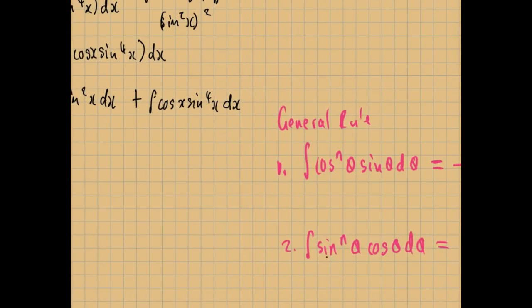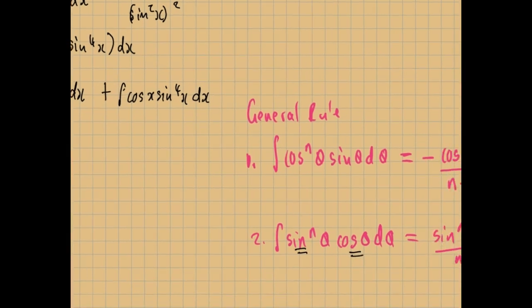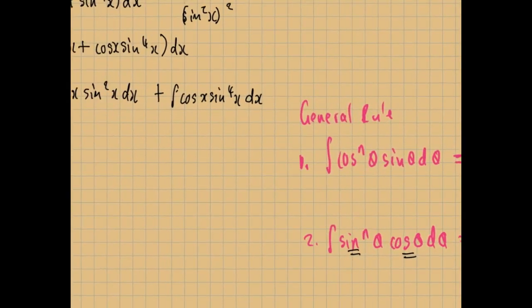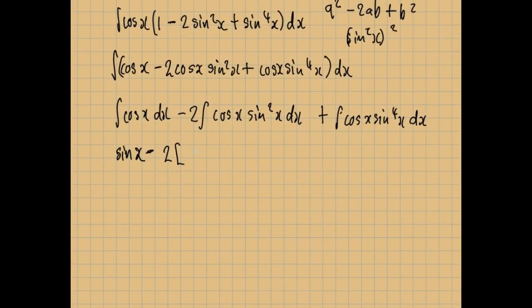If sine is raised to a power and cos is not, you increase the power of sine by 1, but you do not make it negative. So here it is going to be sine to the power of 3 x divided by 3. That new power is what we divide by. We'll add our constant of integration at the end.